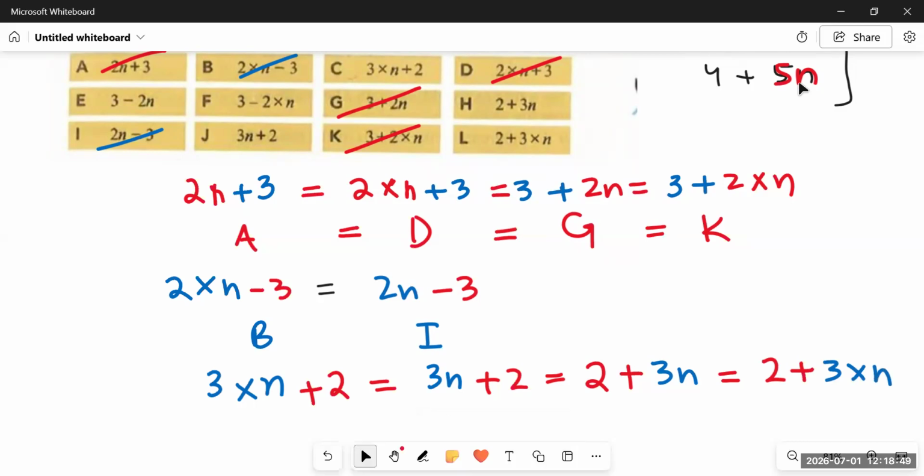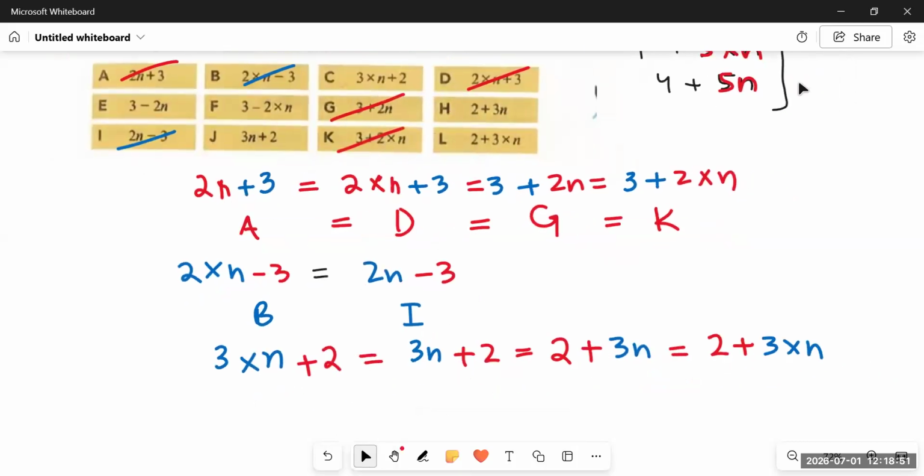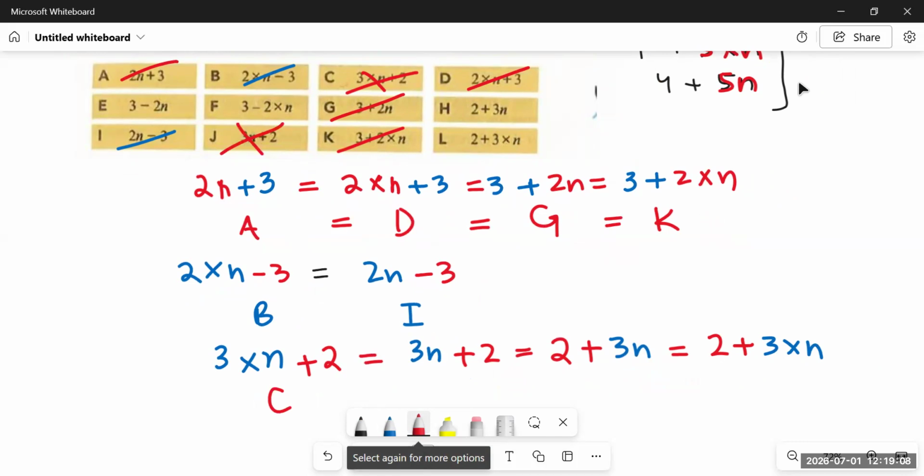Let's figure out their respective letters. So 3 multiplied by n plus 2 is C. Then 3n plus 2 is J. Then 2 plus 3n is H.